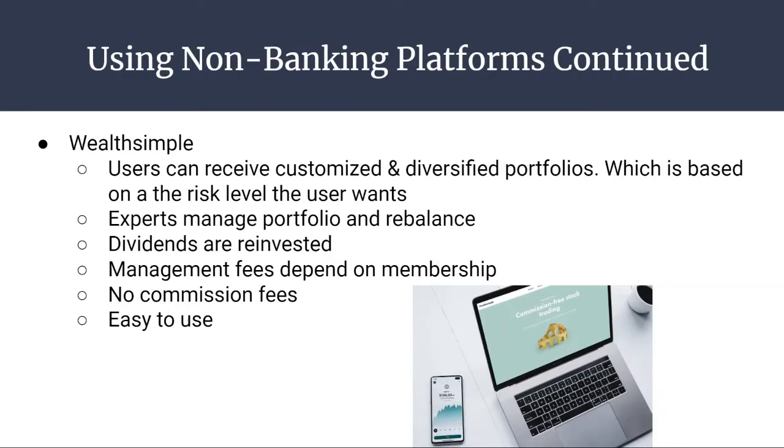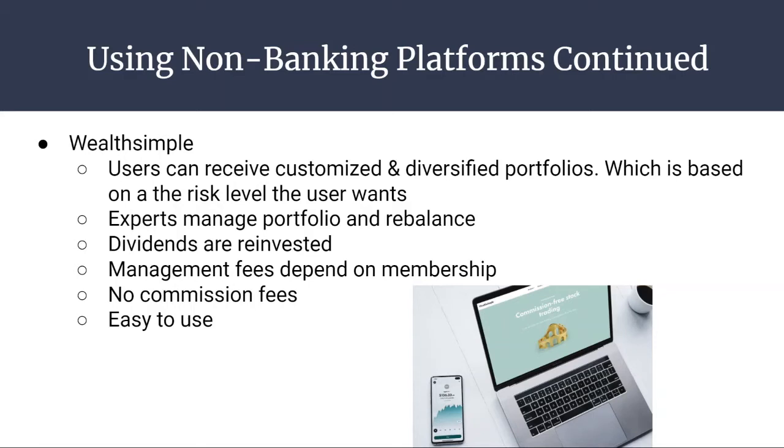Next, I'll discuss Wealthsimple. This app is also very popular and easy to use. It's actually pretty popular amongst college students. What is particularly interesting about this app is that users can select their desired risk level. There are 3 risk levels, which are conservative, moderate, and high growth.